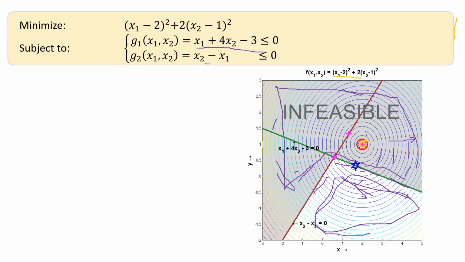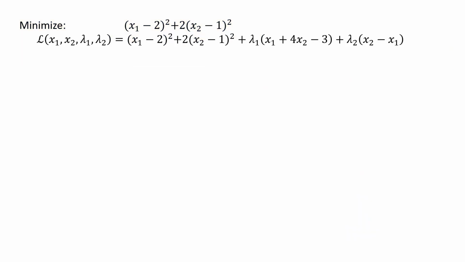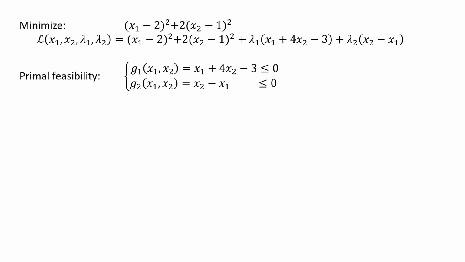That's the global minimum. Let's list out the KKT conditions from the Lagrangian. The primal feasibility condition is that g1(x1, x2) is less than or equal to 0, and g2(x1, x2) is less than or equal to 0.